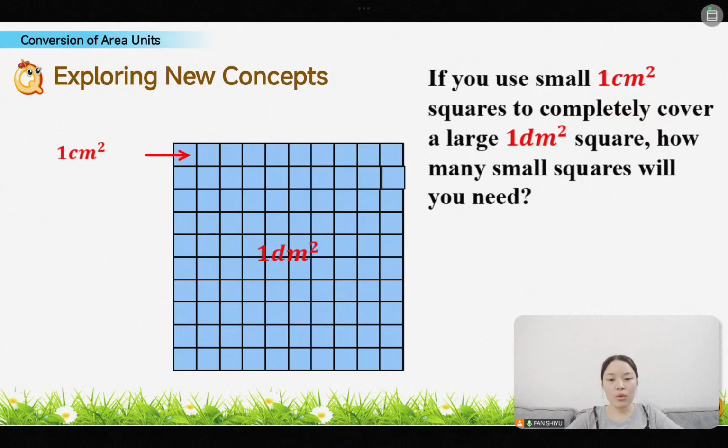So they drew 1 square centimeter small squares in the large square with a ruler.